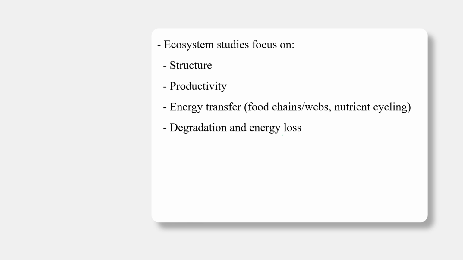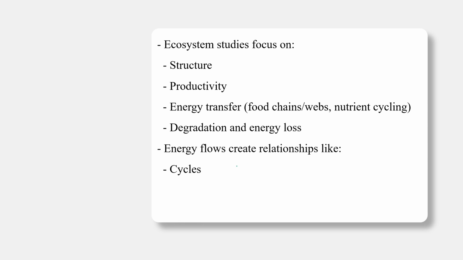When we move from the first trophic level to the second and then the third, energy loss occurs. So ecosystem study mainly focuses on structure, productivity, energy transfer, degradation and energy loss.